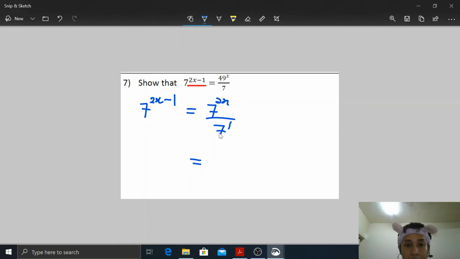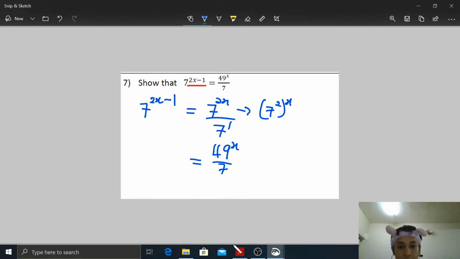Then I can square this one, since it is 7 to the power of 2x, I can change it into 7 squared, then to the power of x. 7 squared will be 49, and then 1, so proven.